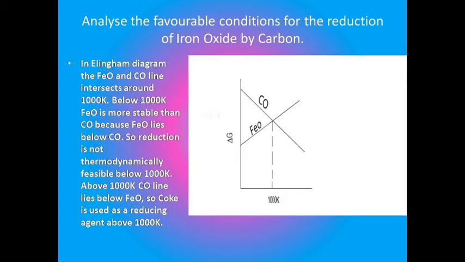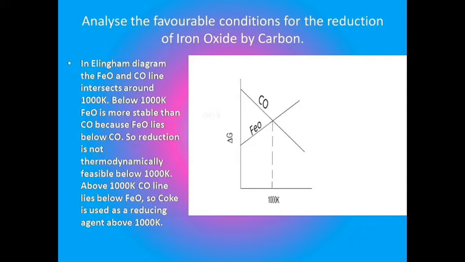Next, we are going to analyze the thermodynamically favorable condition for the reduction of iron oxide by carbon. Now see the graph. In this graph, above 1000 Kelvin, the carbon monoxide line lies below the iron oxide line. But below 1000 Kelvin, the iron oxide line lies below the carbon monoxide line.